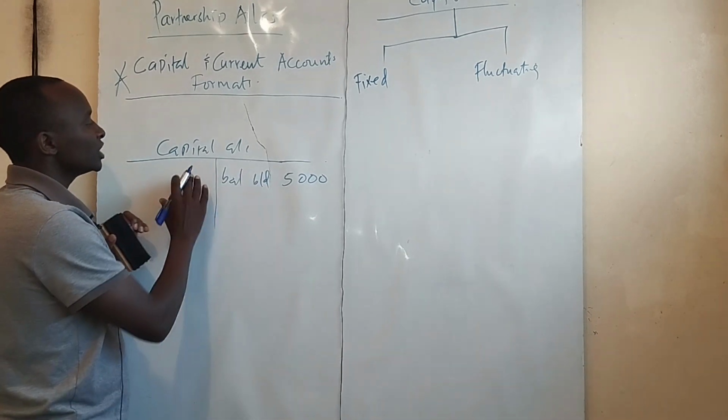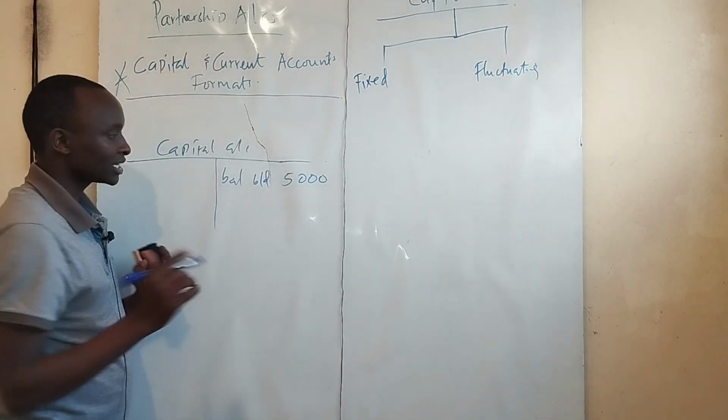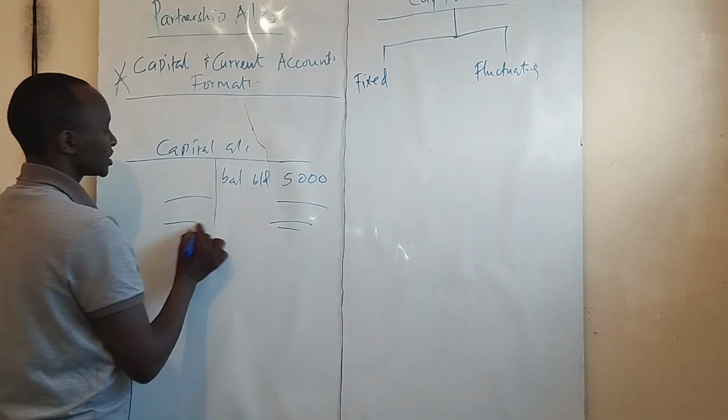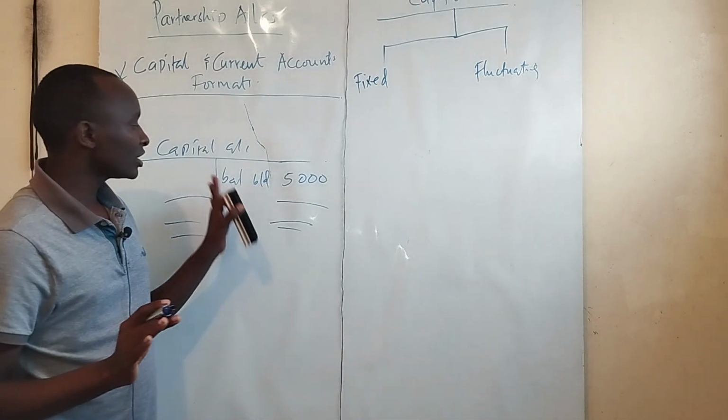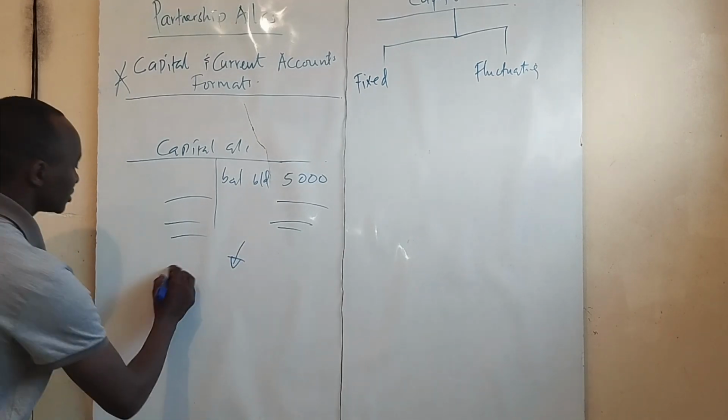Are we together? So if it's a fixed account, then nothing changes. You just close this account as usual, and that is all. All the other changes are going to be catered for by what is known as the current account.